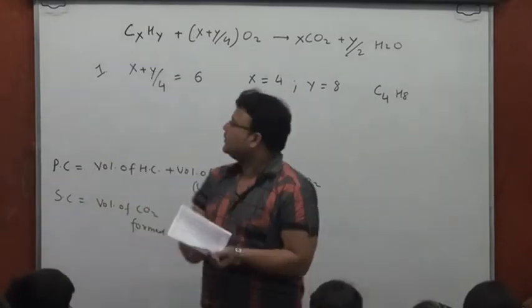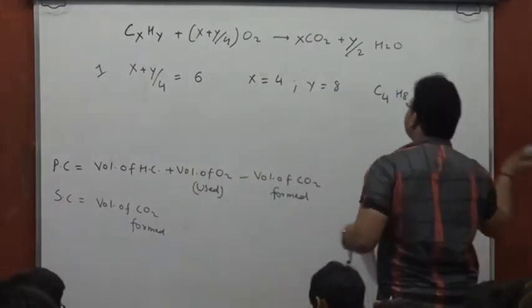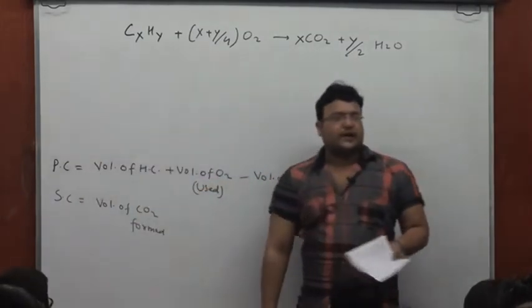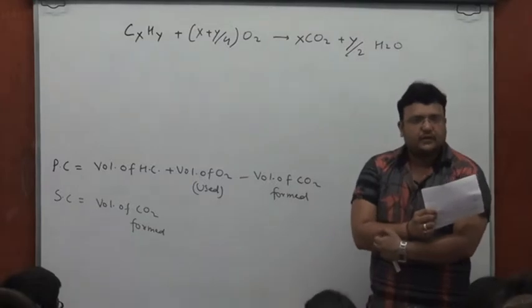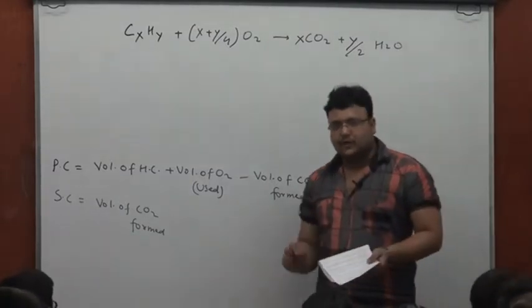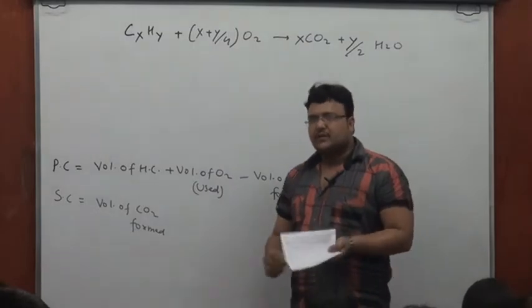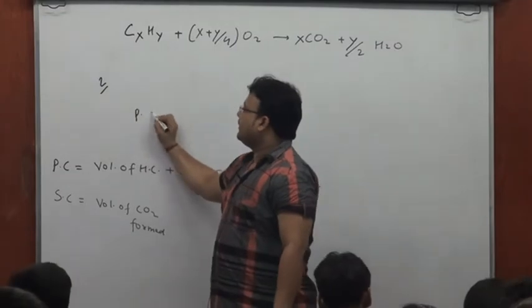Fair enough? So in this question, all of you agree, you start with 35 ml, after cooling it becomes 25 ml, so primary contraction is 10 ml.